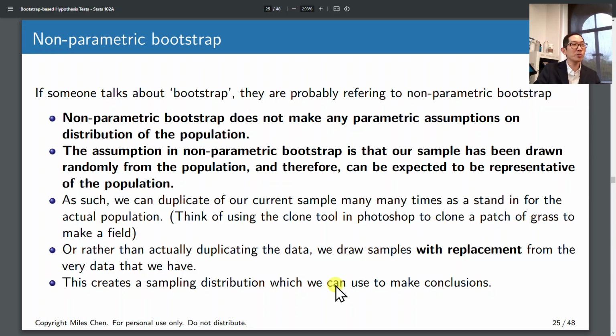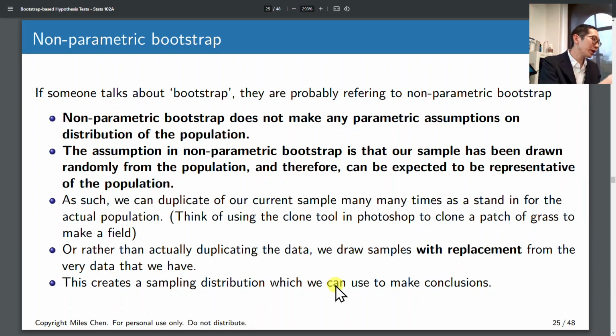Okay, so if it's reasonable to assume that your sample is drawn randomly from the population, you can do non-parametric bootstrap. And then the next part is, if our sample is randomly drawn, it is reasonable to believe it is representative of the population. Probably everyone's okay with that.